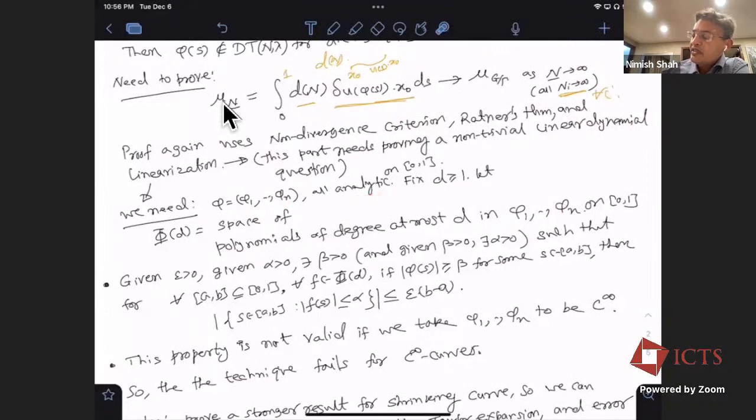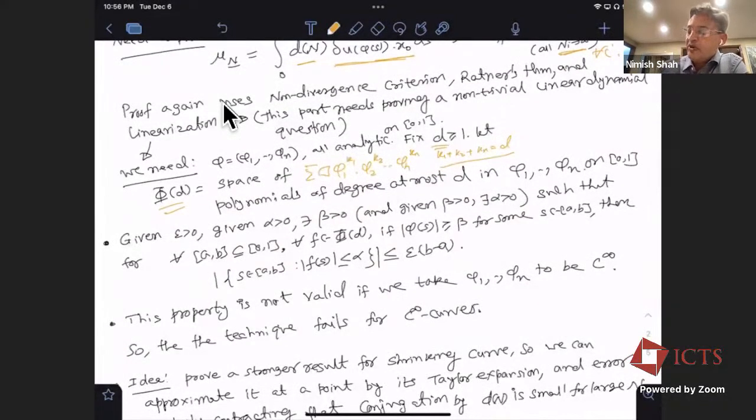These are all analytic functions from 0 to 1 to R. You look at all kinds of polynomials made up of these functions, something like phi1 to the power k1 times phi2 to the power k2 up to phi n to the power kn, where k1 plus k2 plus up to kn equals d. So you fix some degree d, and you look at all linear combinations of this kind.